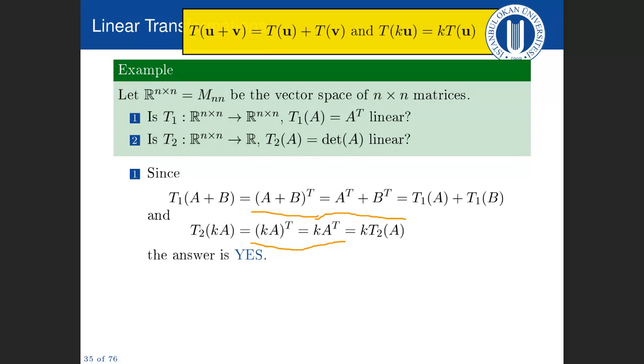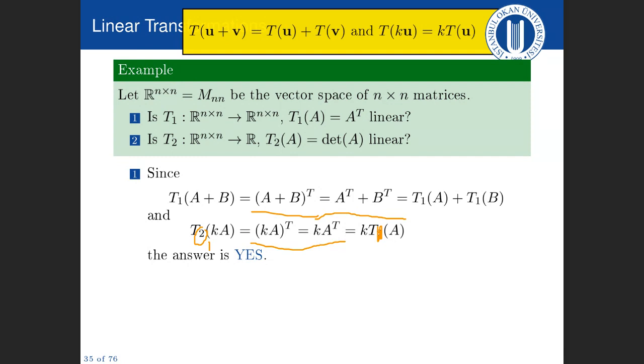Oh, there's a typo here. This should be T1. And sorry, this should be T1 as well. The answer is yes. T1 is a linear operator.